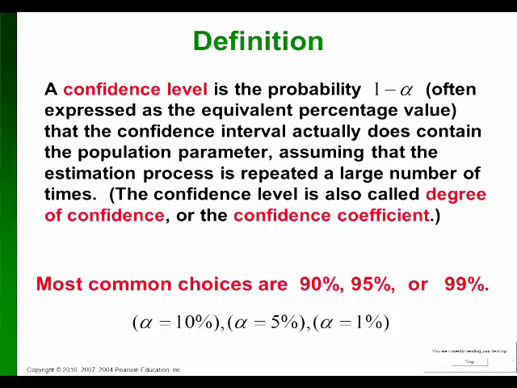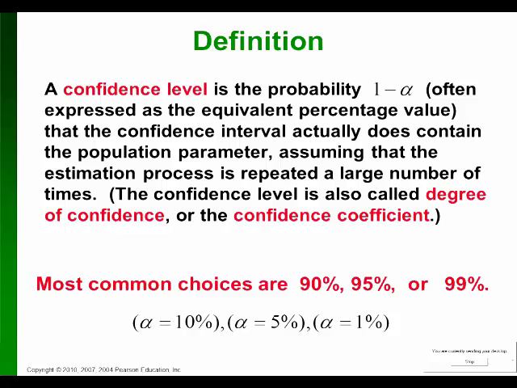If I say I want to be 95% confident that the actual proportion lies within this confidence interval, then alpha is 0.05, 1 minus whatever percent confidence I want to have.